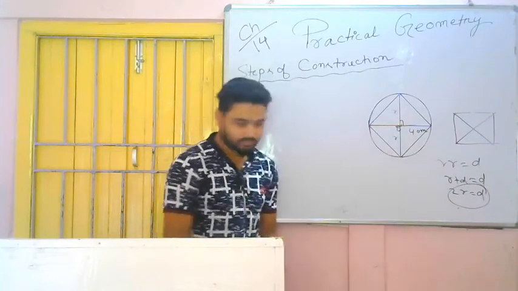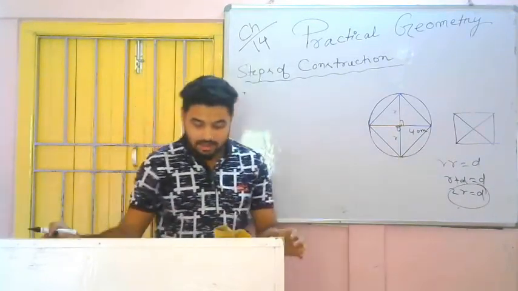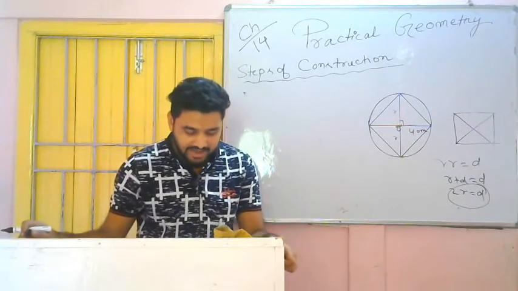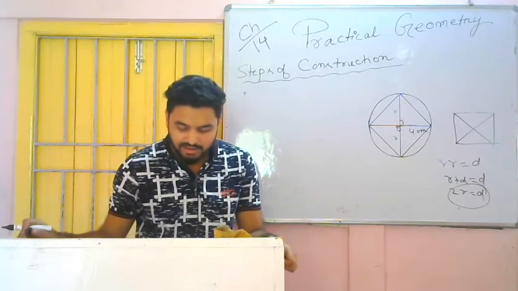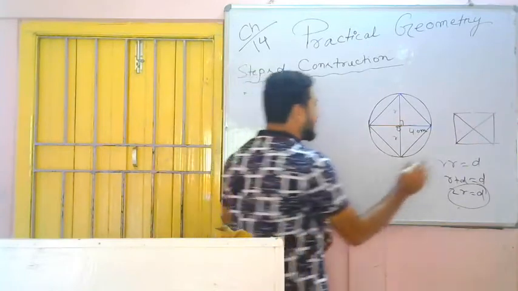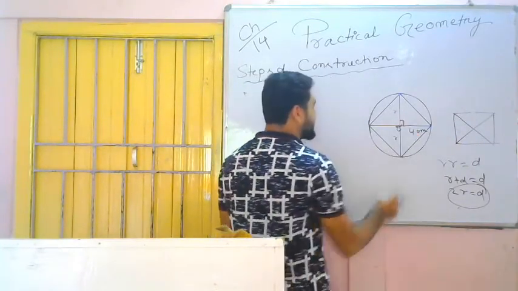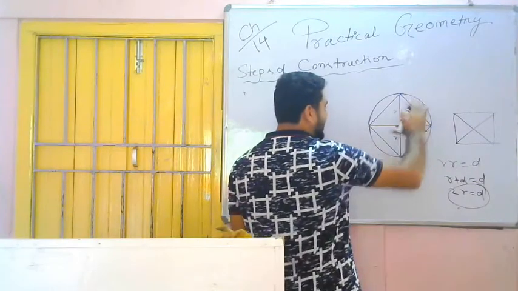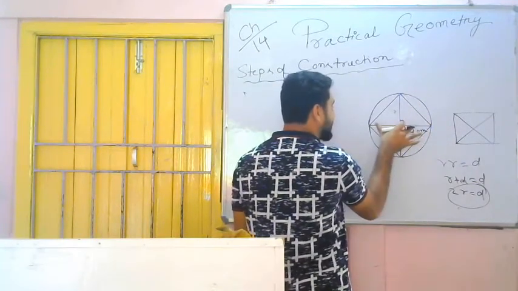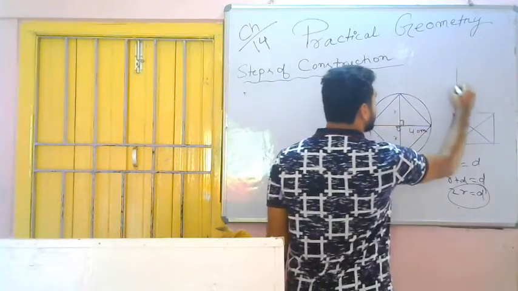What figure is obtained if the diameters are perpendicular to each other? That means this is the diameter and this diameter is perpendicular to this diameter, like this.